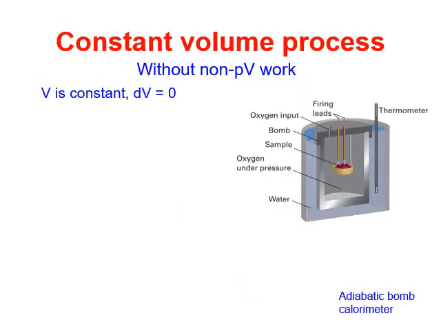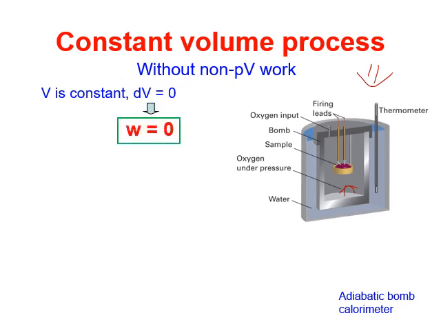An example of a constant volume process is the bomb calorimeter. This is a reactor made of stainless steel, and a gas phase reaction takes place inside this stainless steel reactor. Because volume does not change, work must be zero.